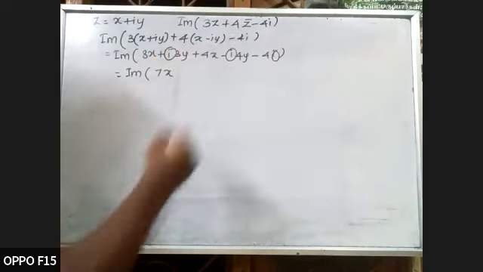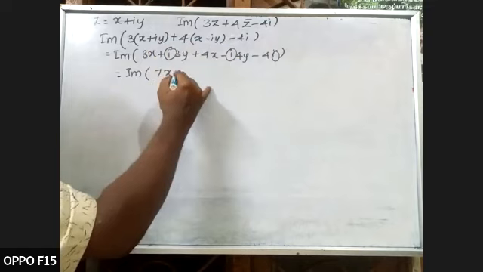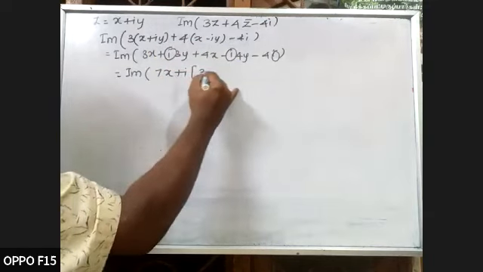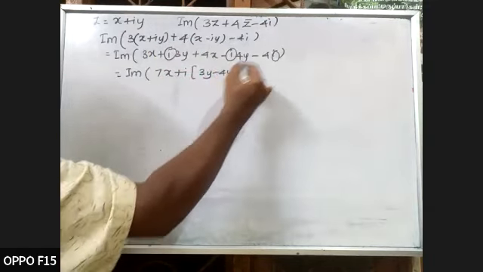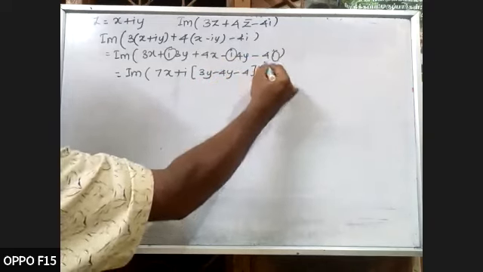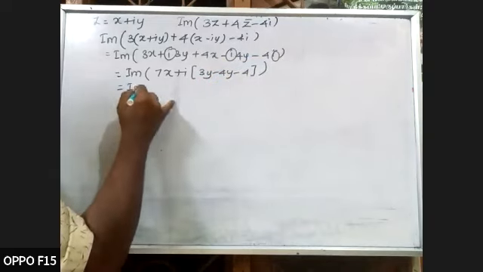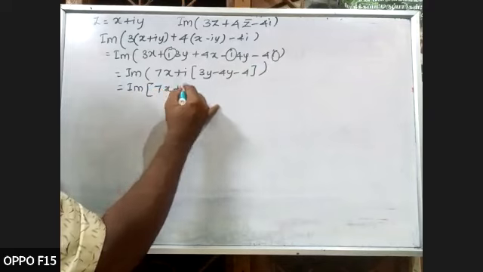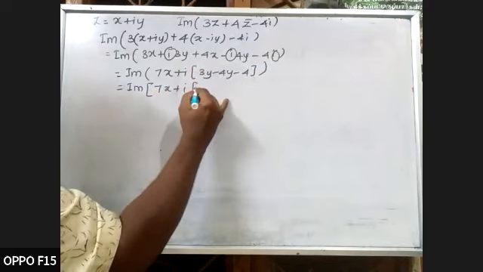I can take i common: here we have 3y, here minus 4y, here minus 4.